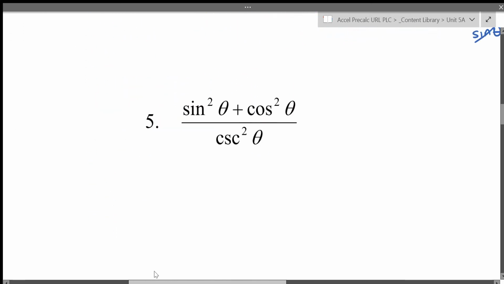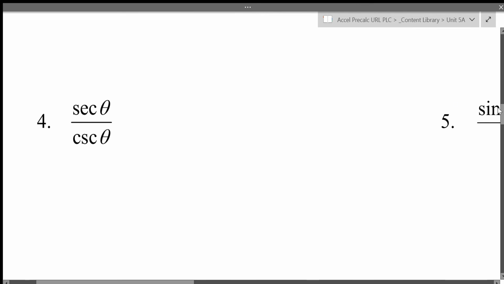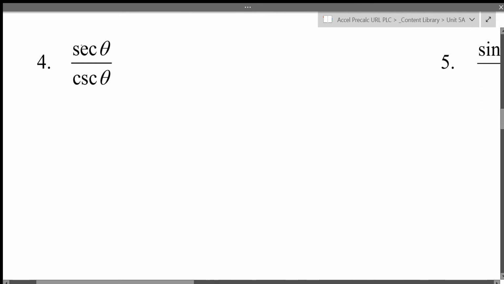Alrighty. Let's see what else we can do here. Secant theta over cosecant theta. That should be tan theta. Let's see if that's correct. 1 over cosine theta over 1 over sine theta. To divide a fraction, we multiply with its reciprocal.